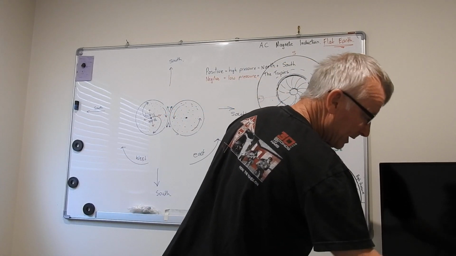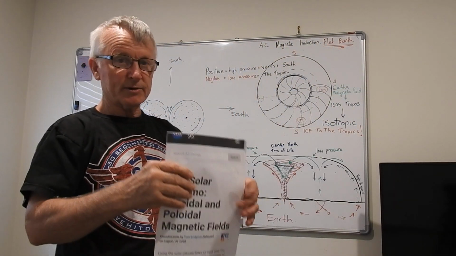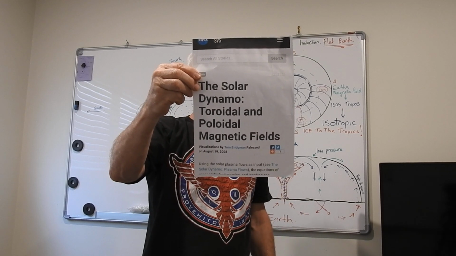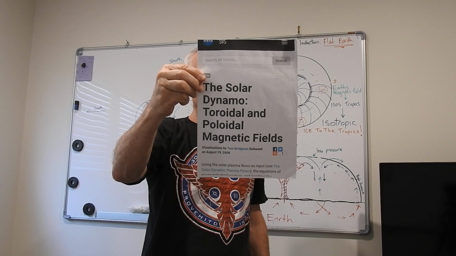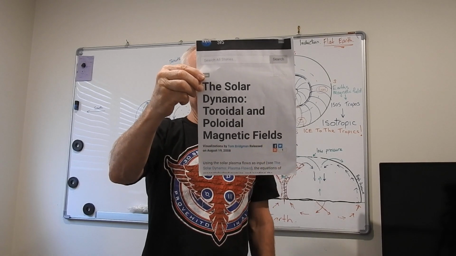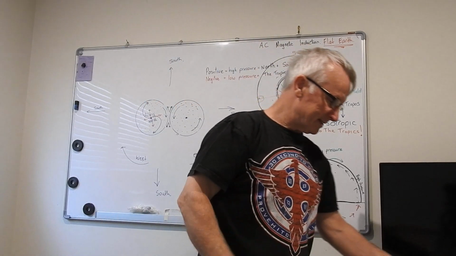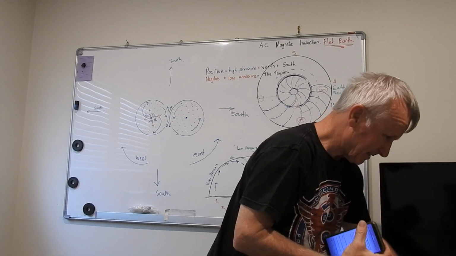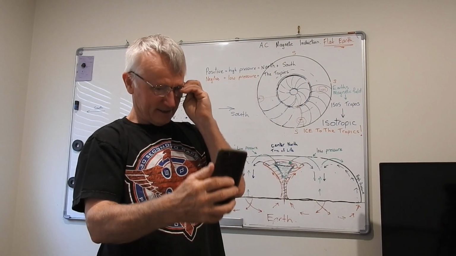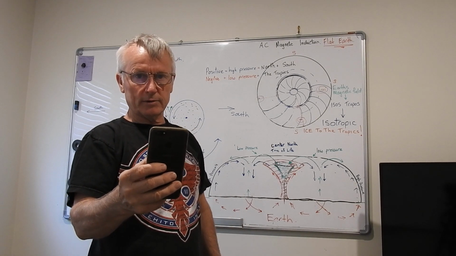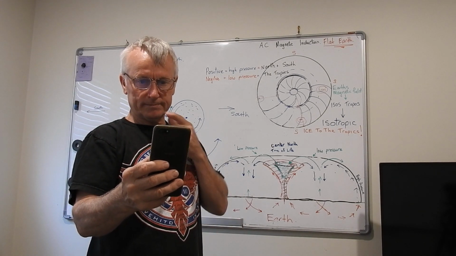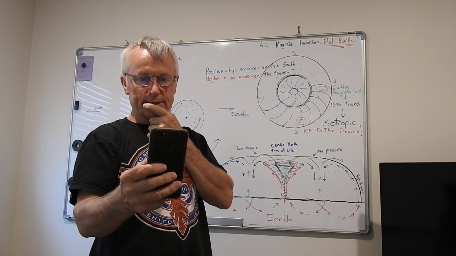If you don't believe me, go to this site. Look at that. Toroidal field. Solar, magnetic. All there in the solar winds. What's this? The intertropical convergence zone. Or ITCZ.